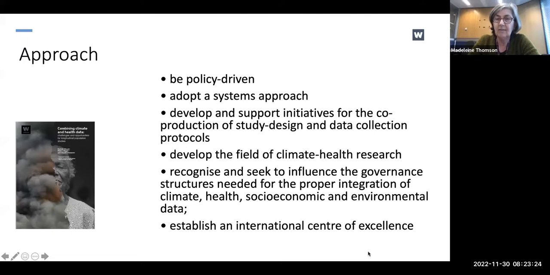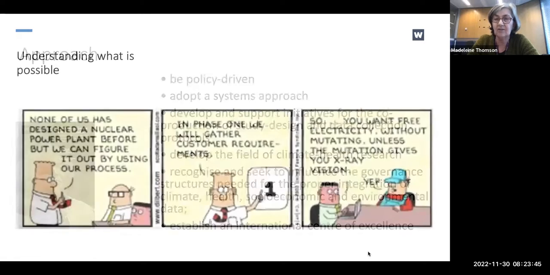We need to develop a field of climate and health research and recognize and seek to influence the governance structures needed for proper integration of the data. This is particularly important because actually it's quite challenging to access the data from different communities in a way that works for this type of study. And one suggestion also in the recommendation was establishing an international centre of excellence.